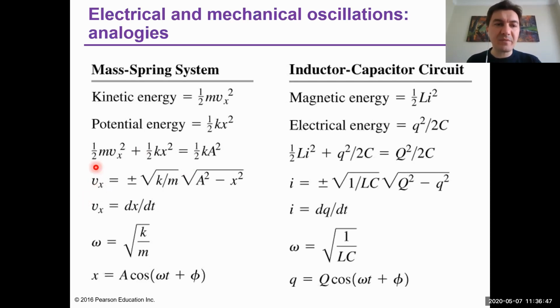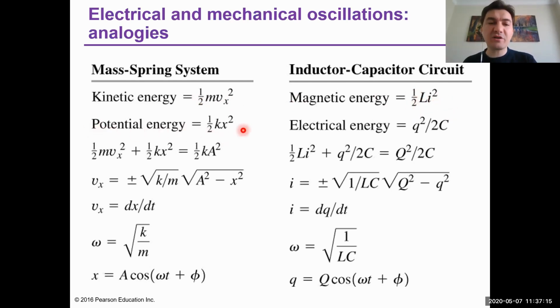So this is the velocity for certain position of the mass, and this is the angular frequency of the system, and this is the x as a function of time. So what do you see here? Magnetic energy in the inductor, look at the equation, 1/2 mv_x squared, 1/2 Li squared.